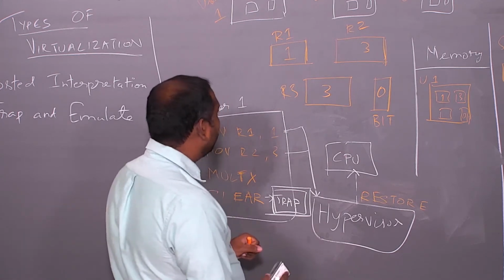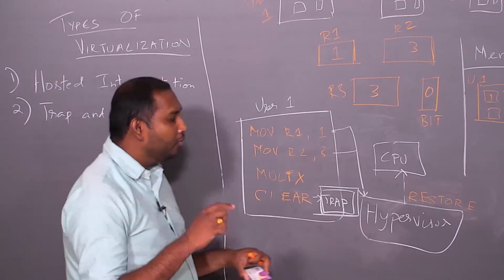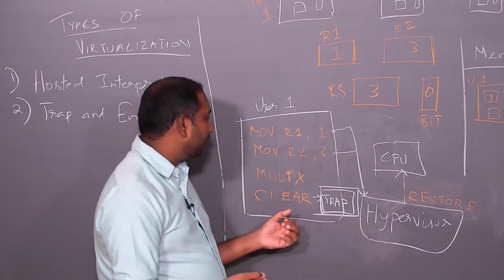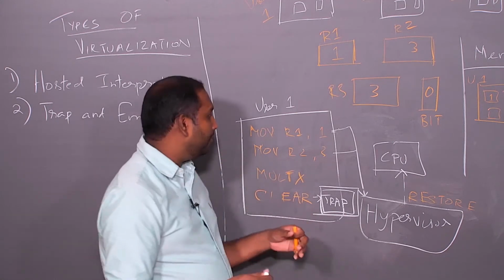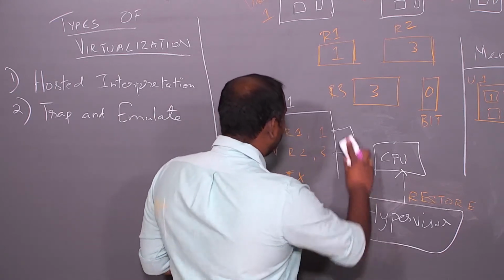All right. So we're going to continue with basically the same example, but I want to show you a weakness of this trap and emulate approach. But first, let's run through the default behavior and see how that works.